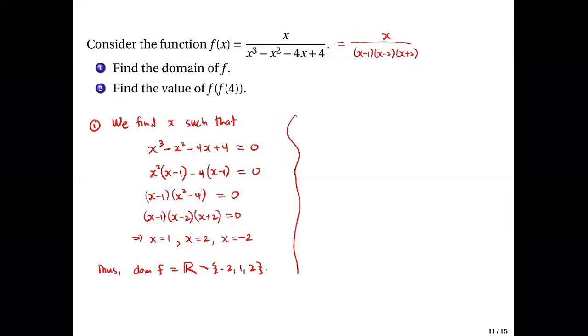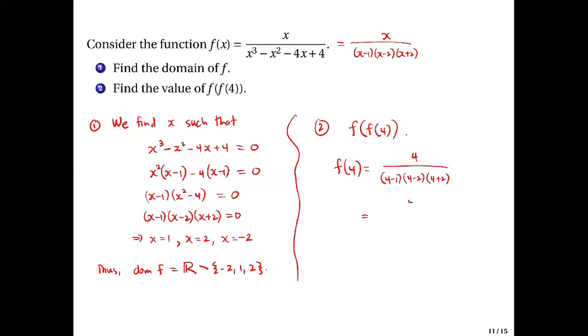So for number 2, we want to find f of f of 4. We start with f of 4. That's just 4 over (4 minus 1) times (4 minus 2) times (4 plus 2).